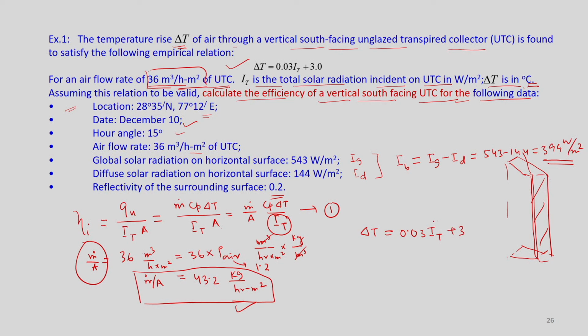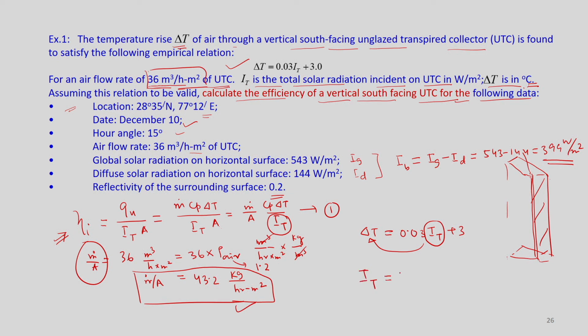So, if we know this IT, then straight away you can calculate delta T. So, if we know delta T, then we can calculate eta I. So, now our next step is to calculate IT. So, how to calculate IT now?